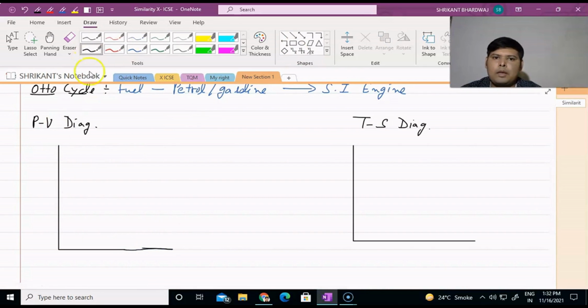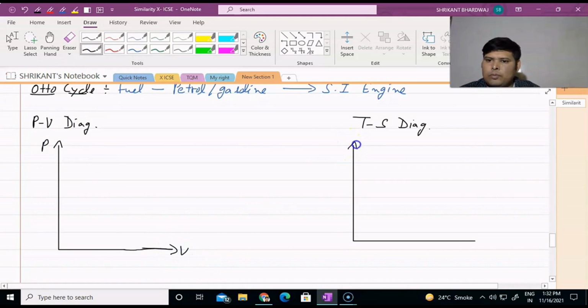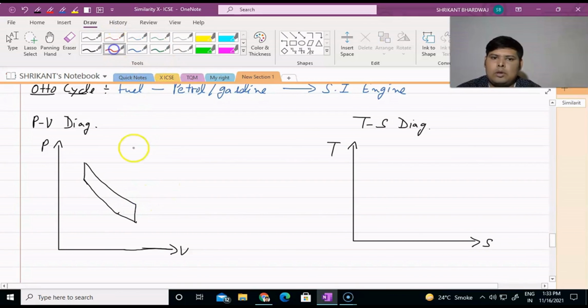So here this is pressure axis, this is volume, temperature, and entropy. In the PV diagram, there are four processes. 1, 2, 3, and 4.